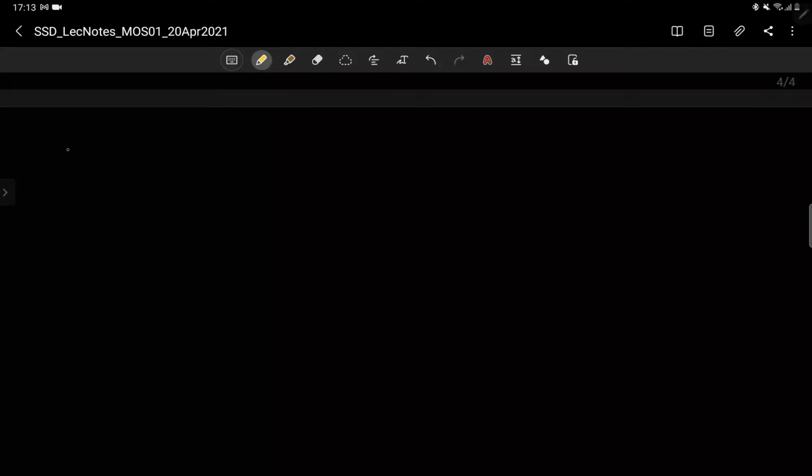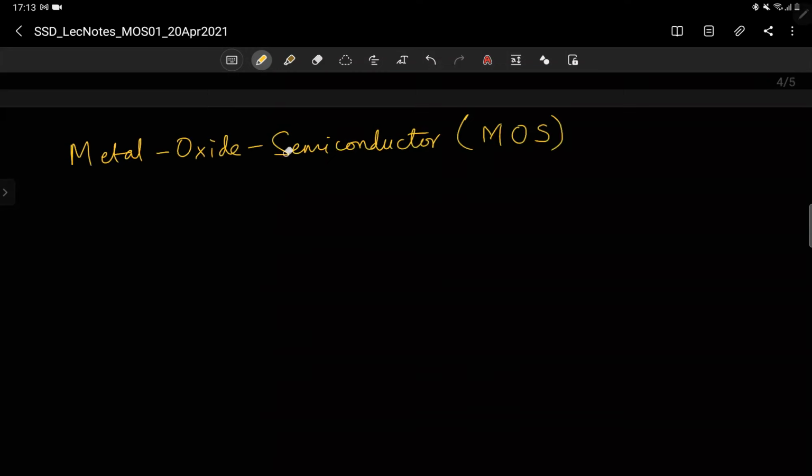So the next topic is metal oxide semiconductor. So in short, it is MOS, metal oxide semiconductor junction.